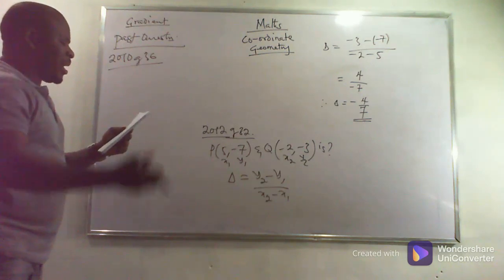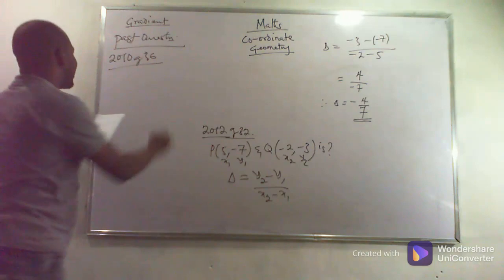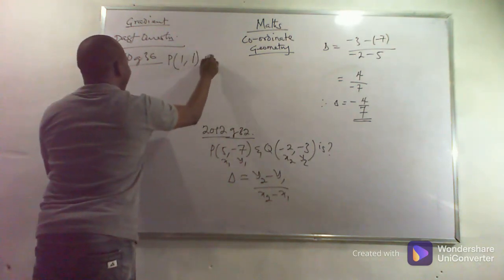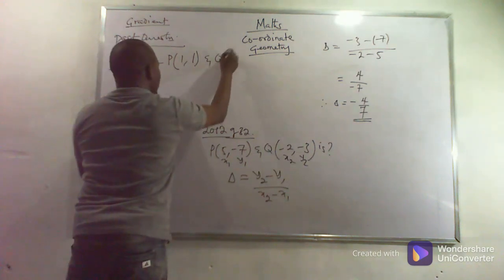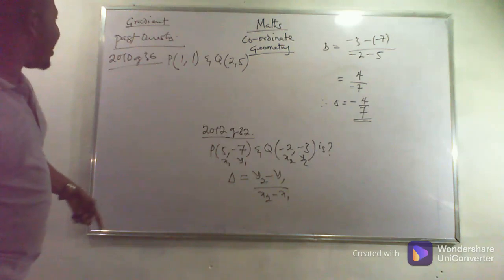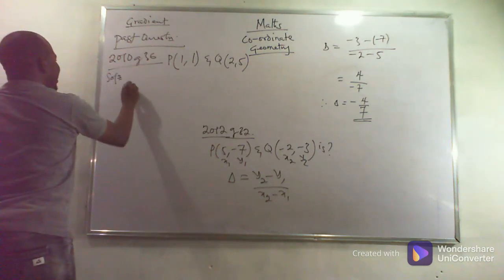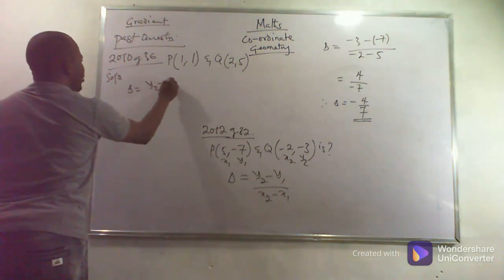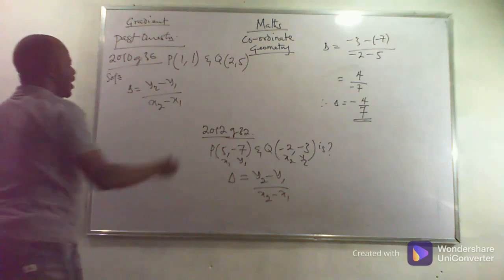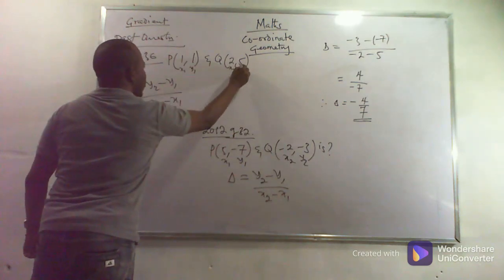The question reads, find the gradient of the line passing through the points P(1, 1) and Q(2, 5). We are asked to find the gradient. Gradient is (y2 minus y1) over (x2 minus x1). Let's name the points x1, y1, x2, y2.